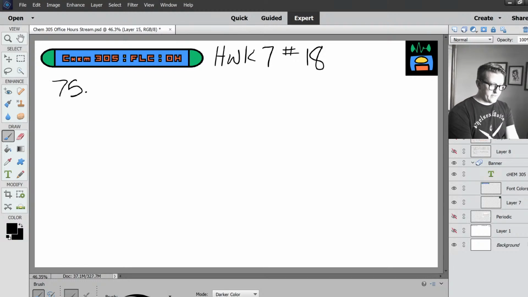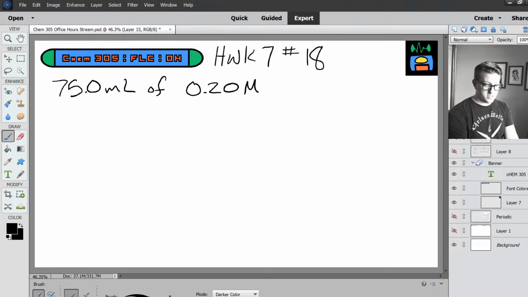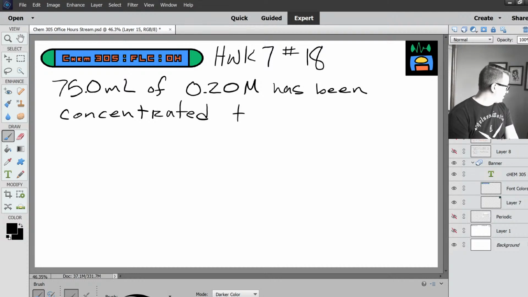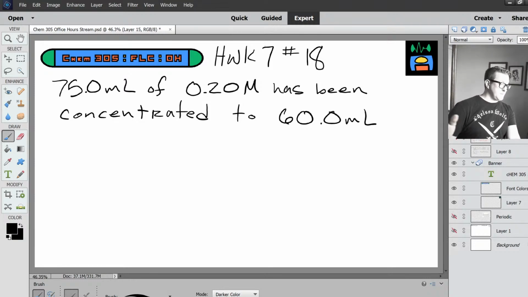We're told that 75.0 mL of 0.20 molar solution has been concentrated to 60 milliliters. Concentrated means that some of the solvent has been evaporated. So this one has actually undergone a reduction in volume.